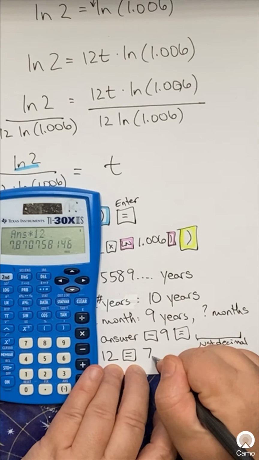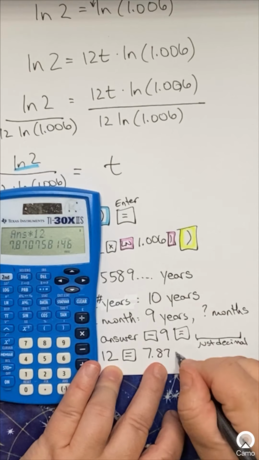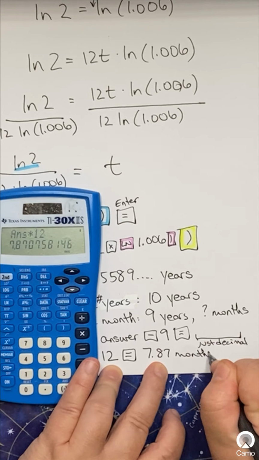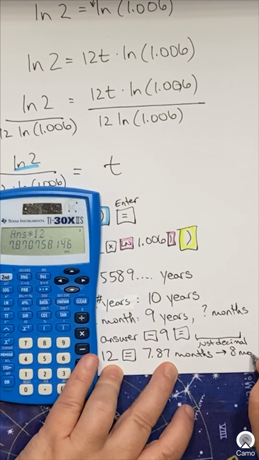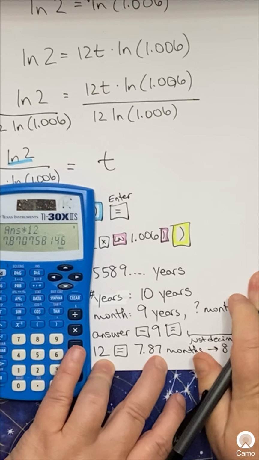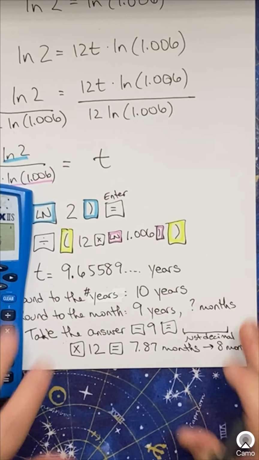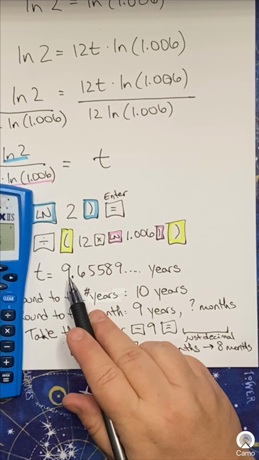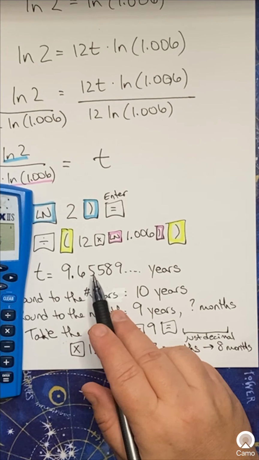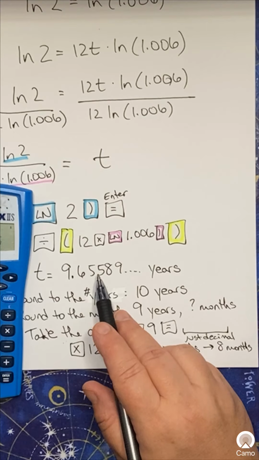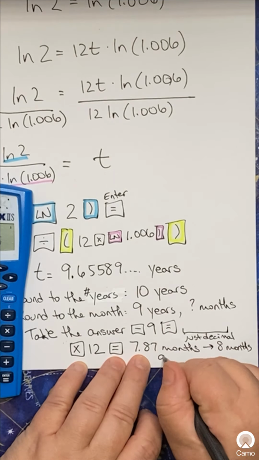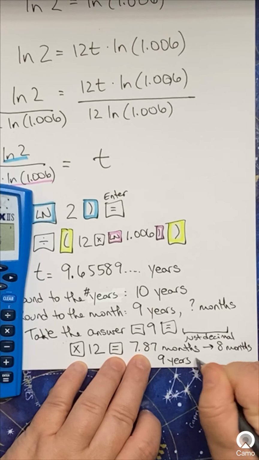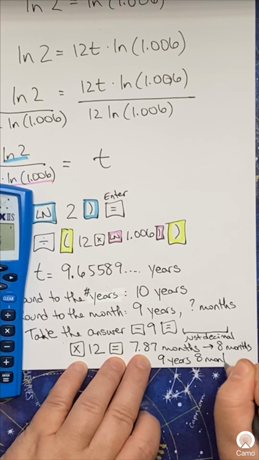And I get 7.87 months. So that's about 8 months. Does that make sense? So it's 9 years and 0.65 of a year. That's about 8 months. So the final answer would be 9 years, 8 months.